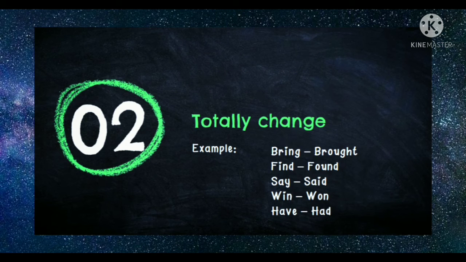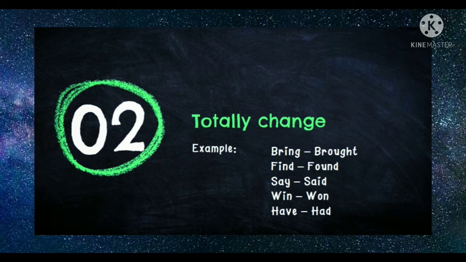Now the second group faces a total change, which means the verbs change their form when we change them to the past tense. The pronunciation changes and the spelling changes too. Let's look at the examples. The first one, bring, brought.